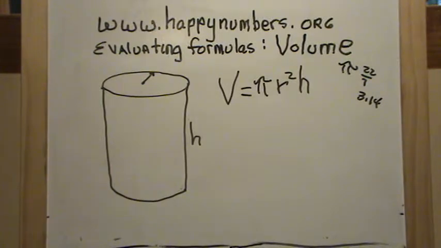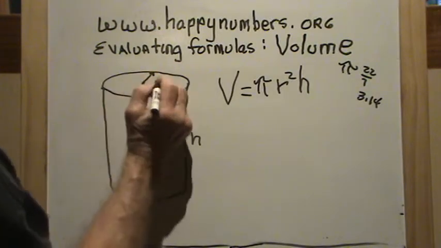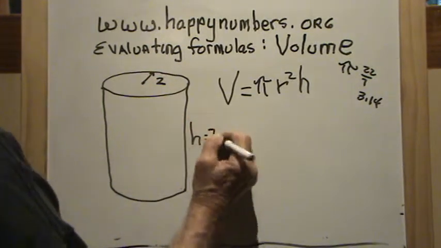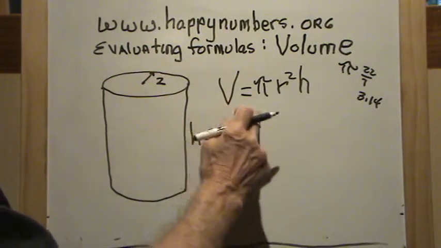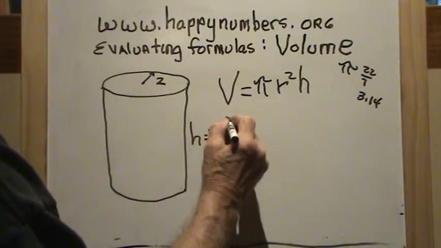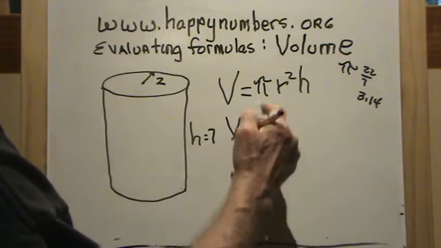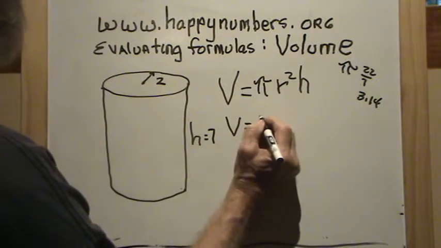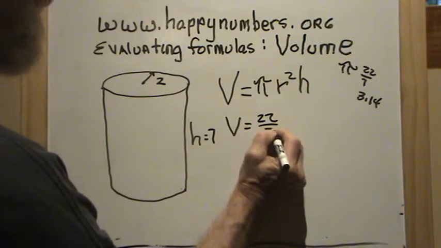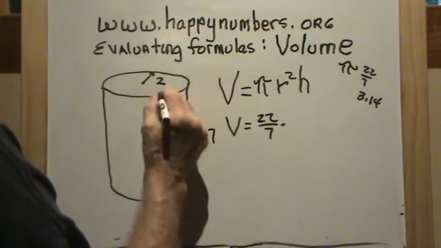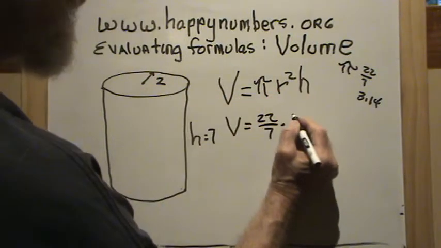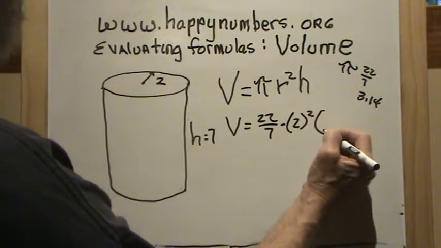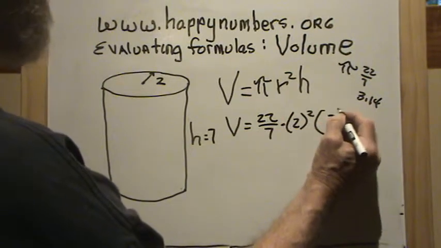Well, let's put some numbers here. Let's say the radius here is 2, and let's say the height is 7. Well, now let's substitute in our formula. The volume of our cylinder is pi, so I'm going to use 22/7 because we have a 7 here. 22/7 times 2 to the second power times the height, which is 7.